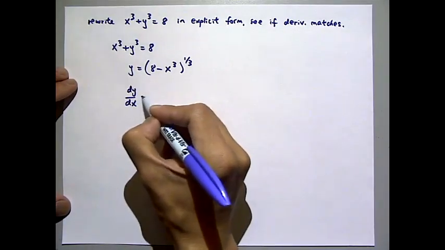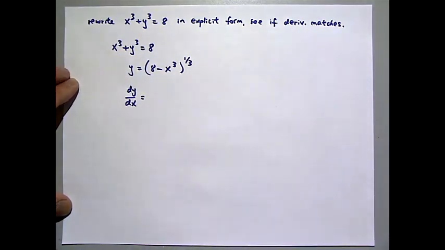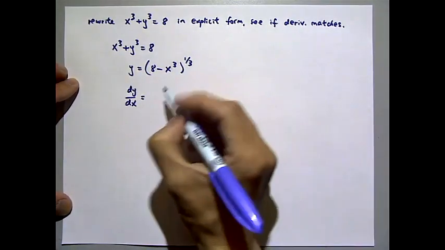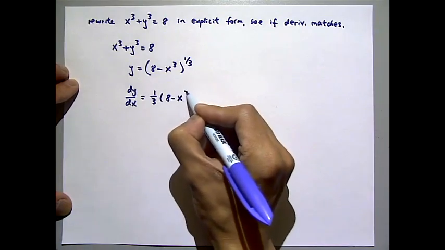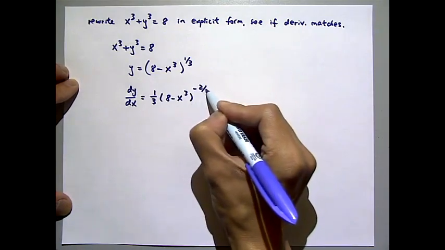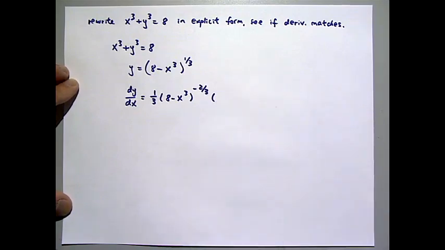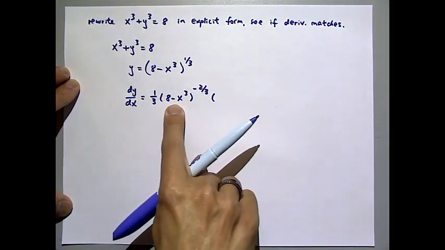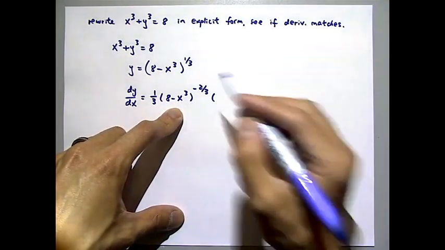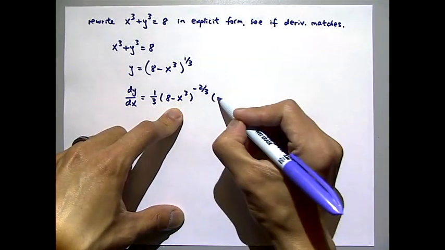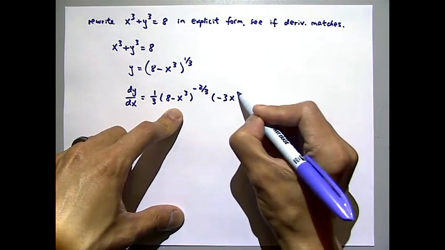Now we know finding the derivative is not hard. Just use the chain rule. Bring the power down. Keep that base the same. Reduce the power by 1. And now we multiply by the derivative of this to account for the fact that it's more than just an x. So we get 0 minus 3x squared.